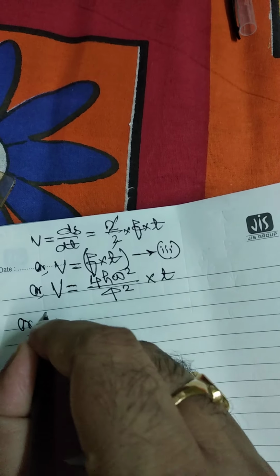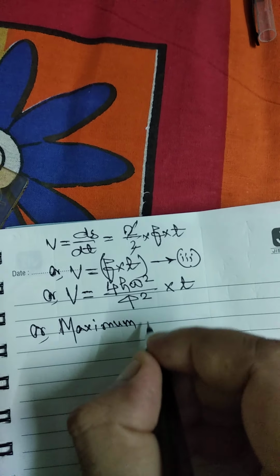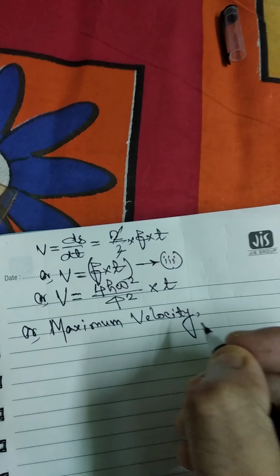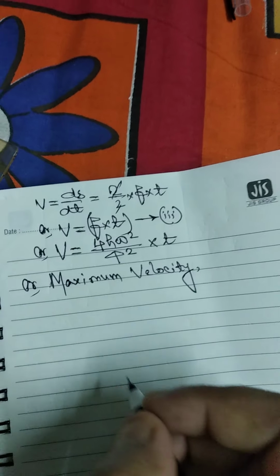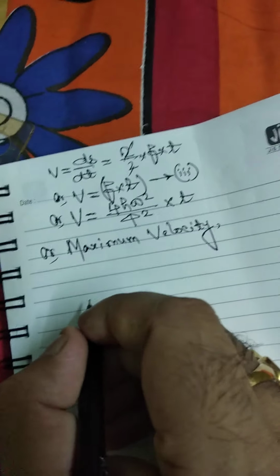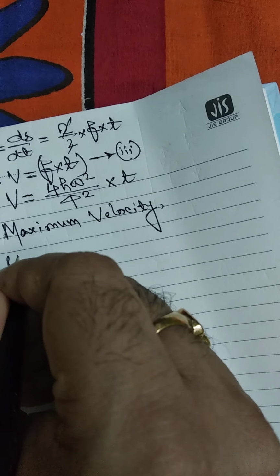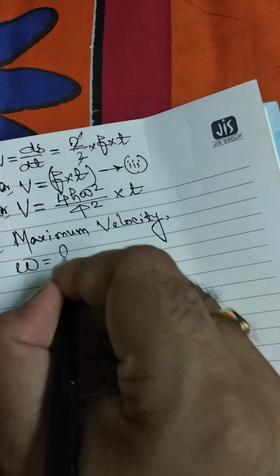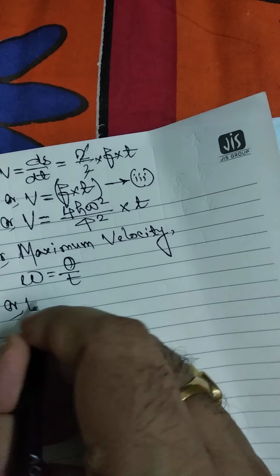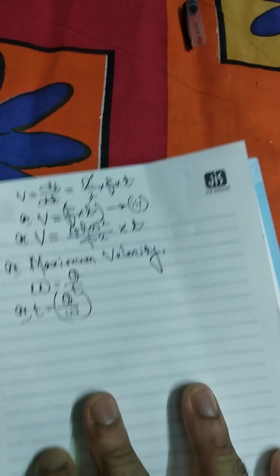Now for the maximum velocity, also omega equals theta by t, so from here we can also write t equals theta by omega.